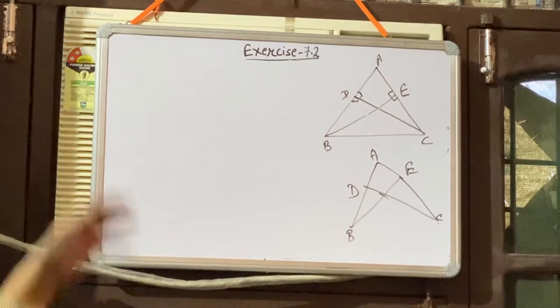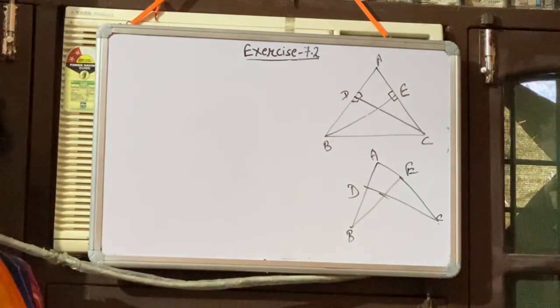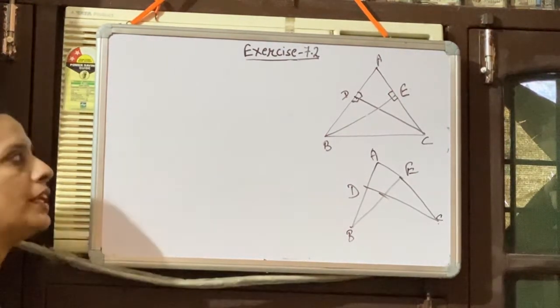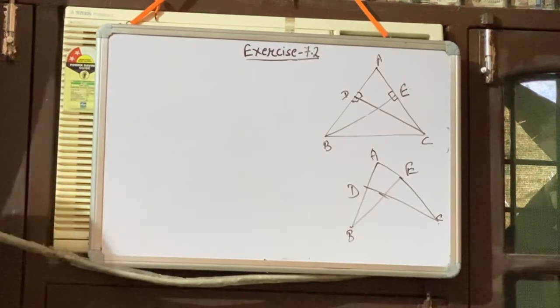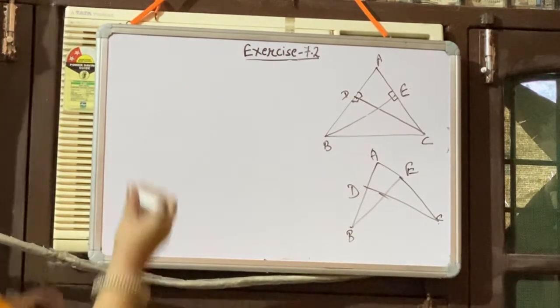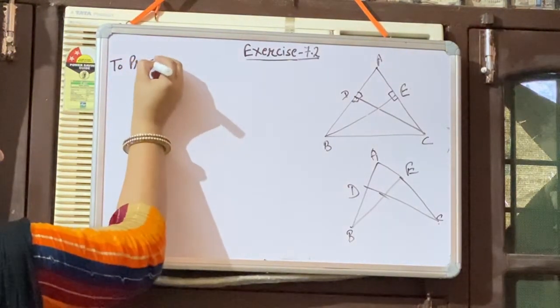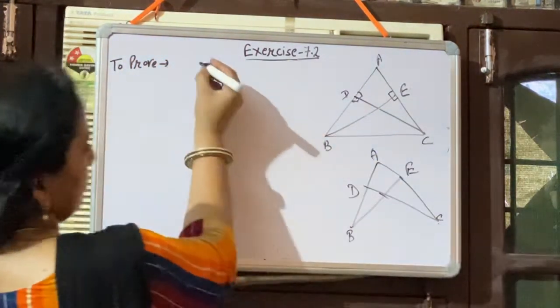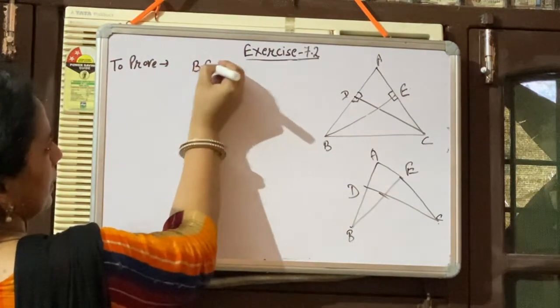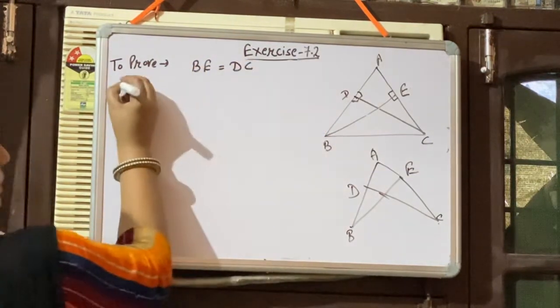So in the given we can write from the statement. What will we write in to prove? We have to show the altitudes are equal. That means to prove BE is equal to DC.